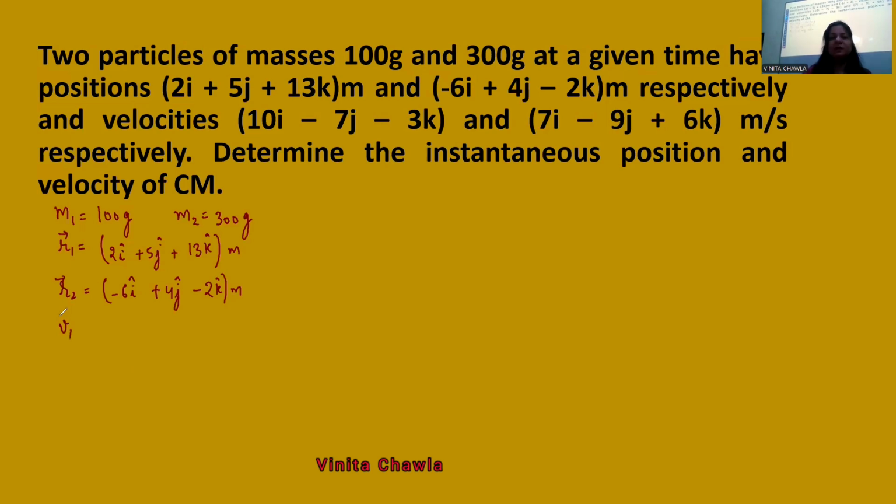Velocity of first particle in vector form is 10 i cap minus 7 j cap minus 3 k cap meter per second, and velocity of second particle is 7 i cap minus 9 j cap plus 6 k cap meter per second.